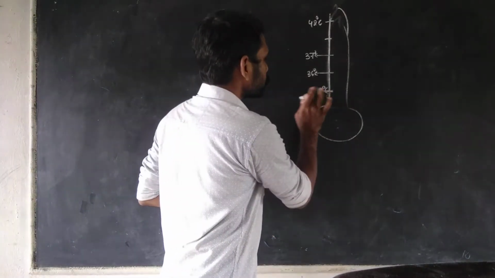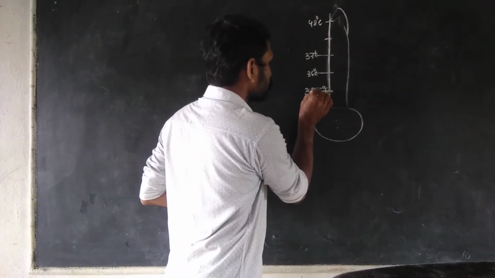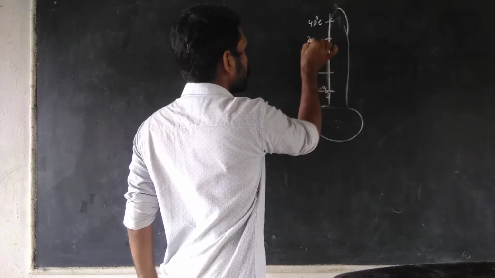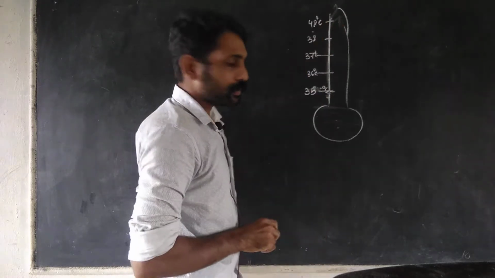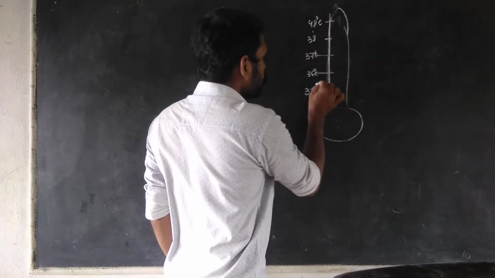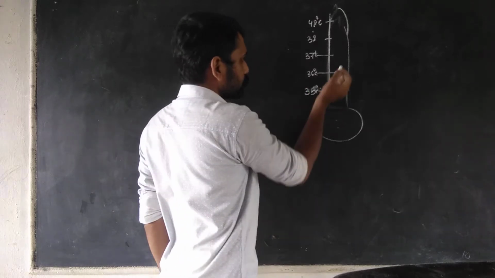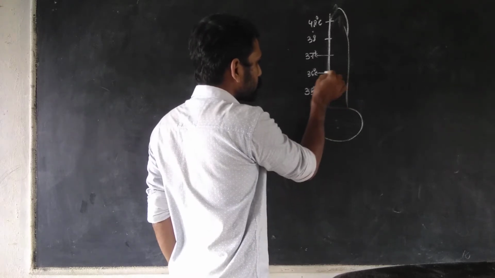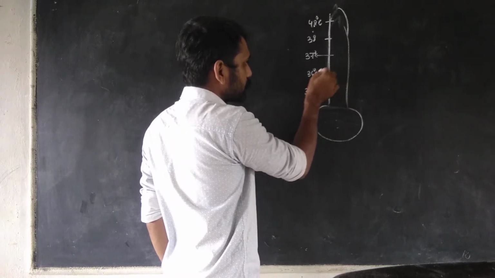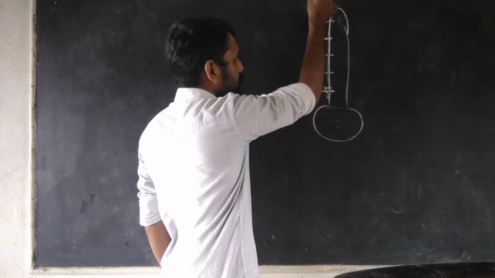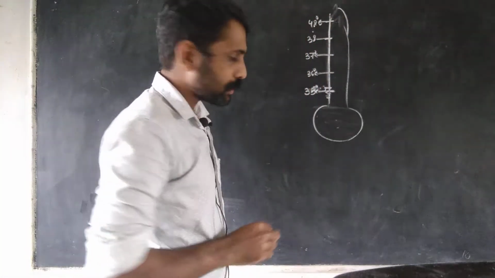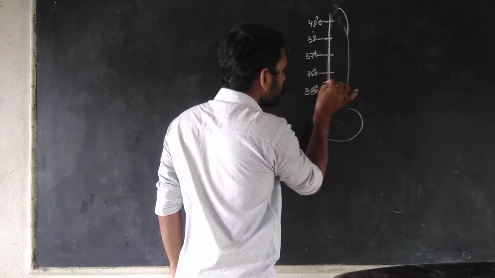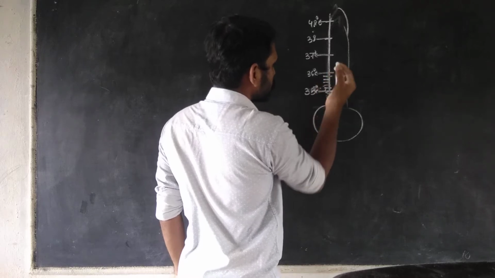So you can see small marks and bigger marks. The bigger marks are 35, 36, 37, 38, up to 42. Also there will be small marks in between two bigger marks.